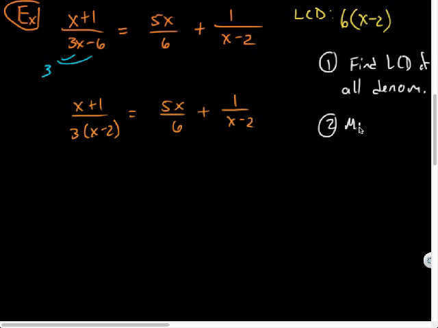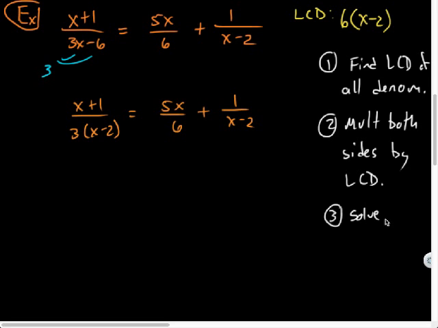Step 2, multiply both sides by the LCD. And notice I'm not saying top and bottom. There are so many little distinctions between our different techniques. And then step 3 will just be solve, because I anticipate that we will have killed all fractions.